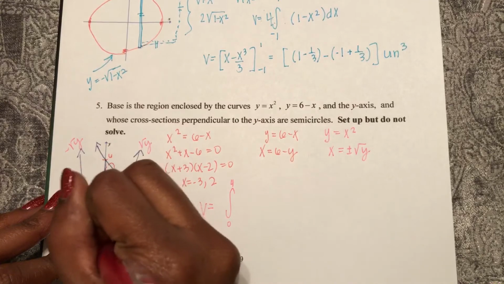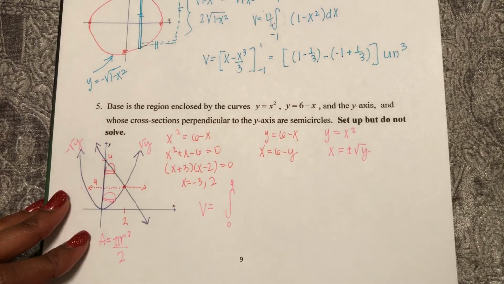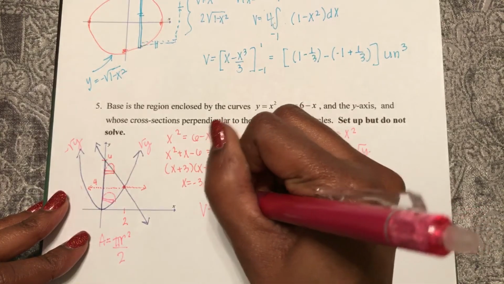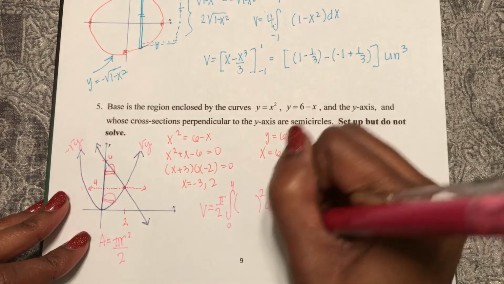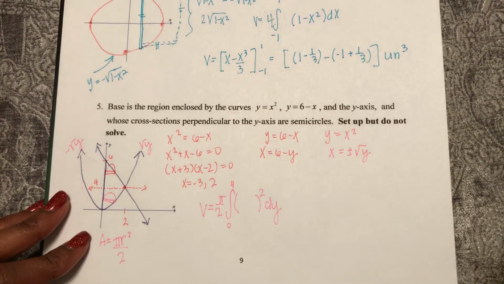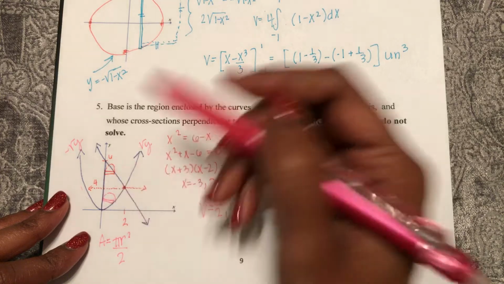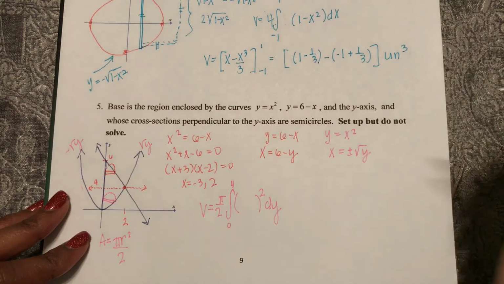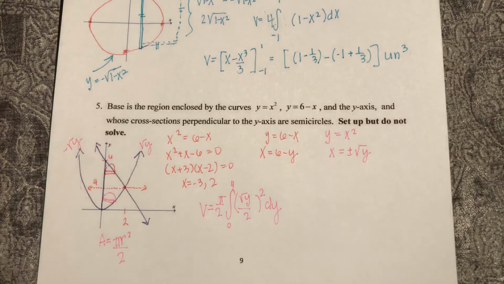The area of a semicircle is pi r squared divided by 2. So it's going to be pi over 2 multiplied by my radius squared dy. Now my radius from 0 to 4 is square root y over 2.